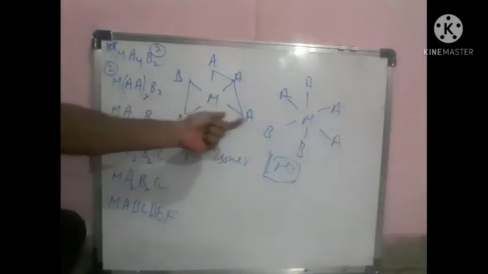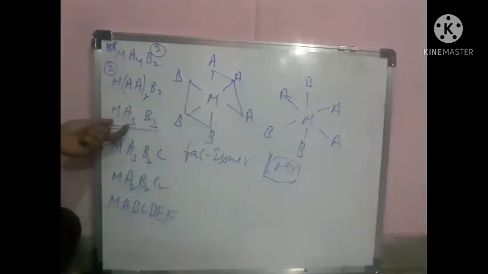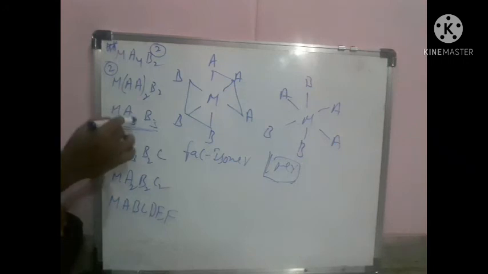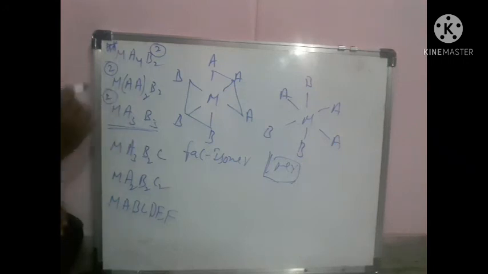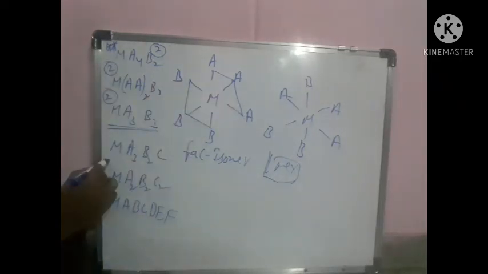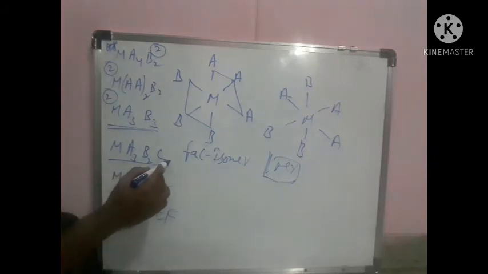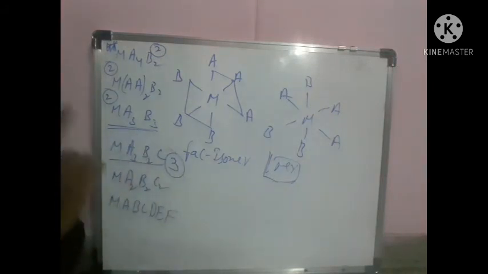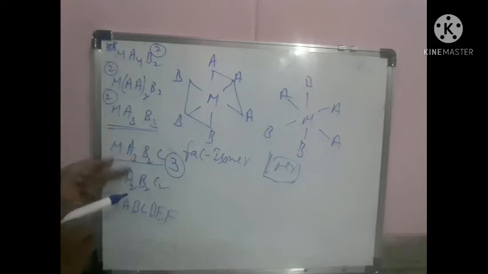So this kind of isomerism can be exhibited in the case of MA3B3, and MA3B3 exhibits two types of geometrical isomerism, okay. Similarly, MA3B2C, we can observe three types of geometrical isomerism. Just remember. If you draw the geometrical isomers, you can get three types.